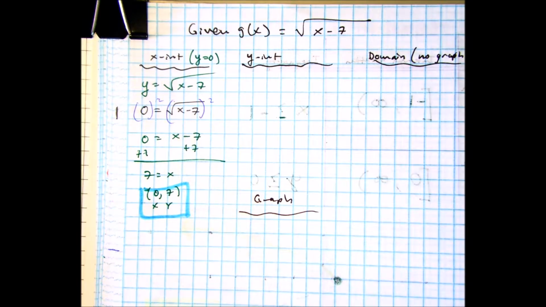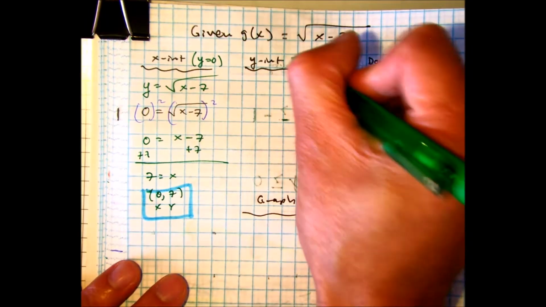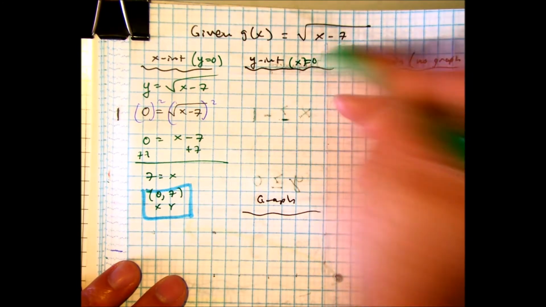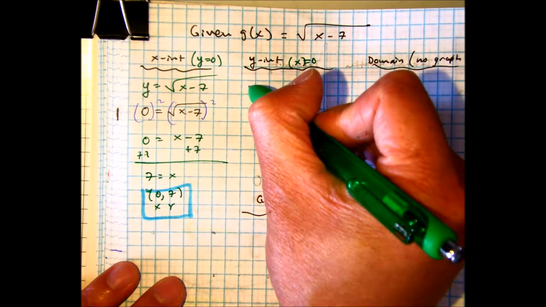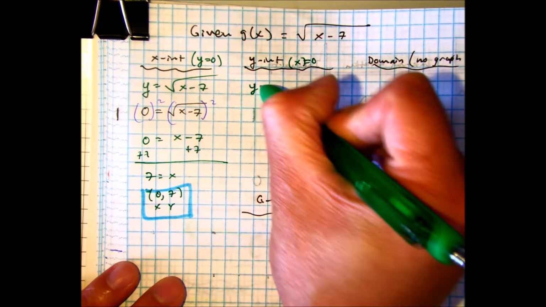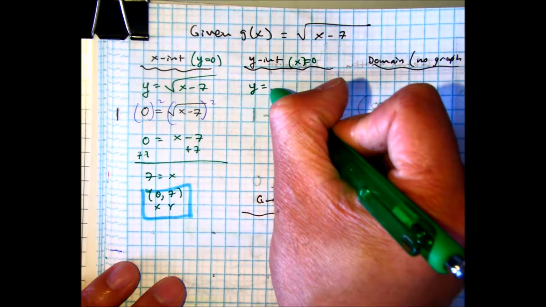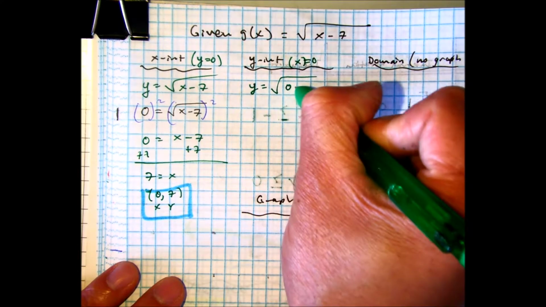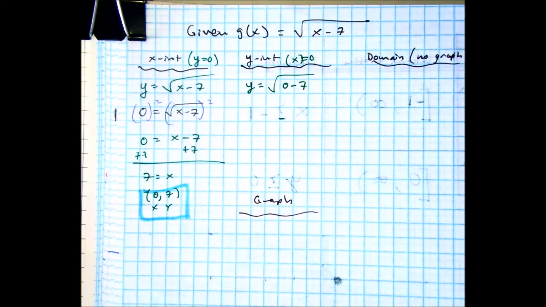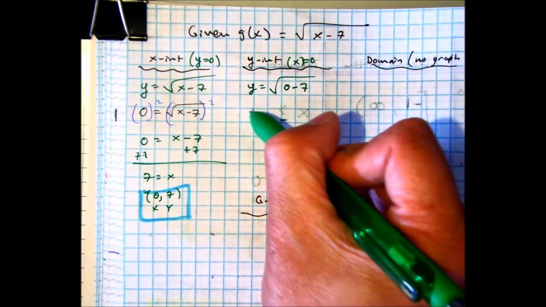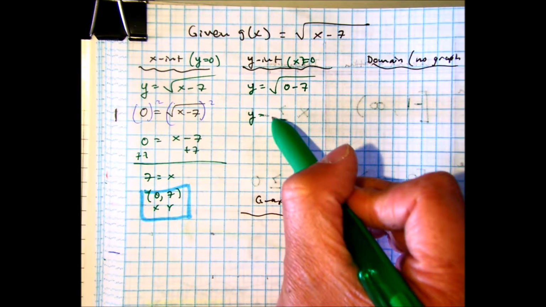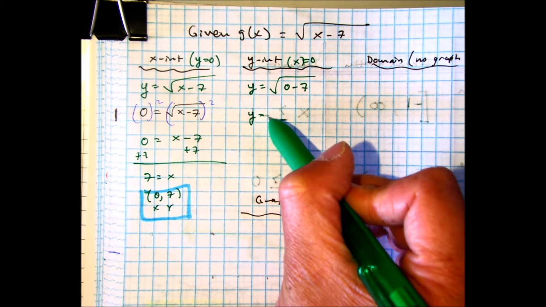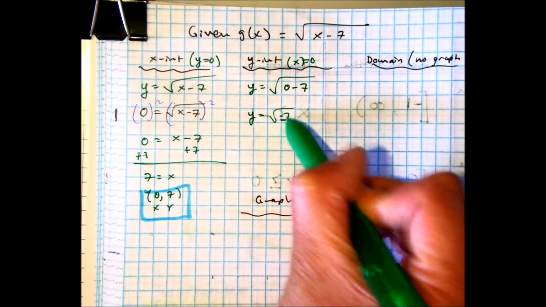Ivan, how do I find a y-intercept? Alright, substitute it in. Y equals the square root of 0 minus 7, the square root of negative 7.